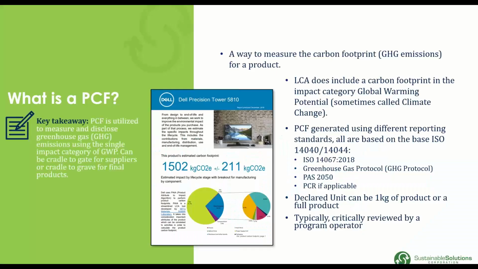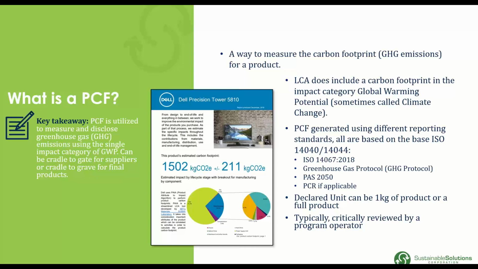So now I'm going to talk quickly about product carbon footprint. So a PCF, what is it? Well, you follow an LCA methodology, but you're only looking at the global warming potential of the actual product. So it's important to note, I showed you those other impact categories, acidification, ozone depletion. When I'm running my LCA, I'm really looking at the full impact of the product across all those different impact categories.